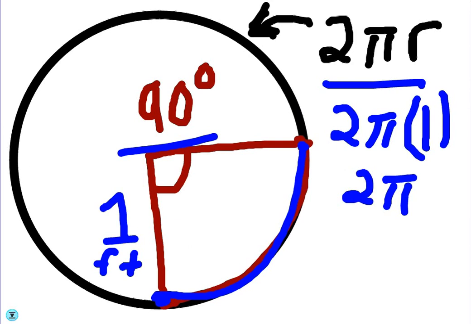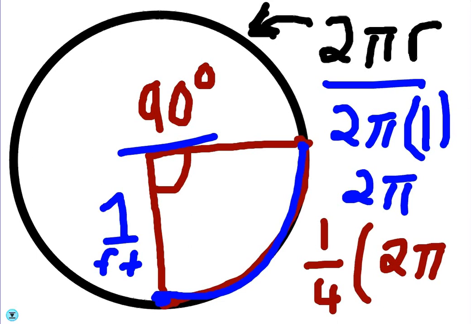And then someone said it'd be 1/4 of that. So we would take that number and multiply by 1/4. Okay, so what have we done? We found the circumference, and then we figured out what portion of that circumference, the 1/4.